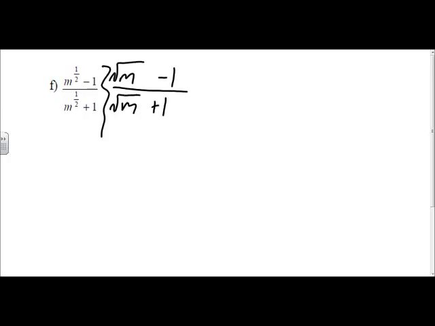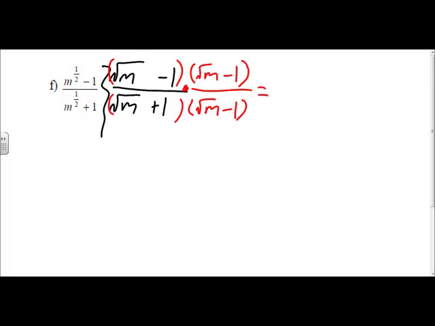So it's very similar to the one we worked with. Whereas before we had a plus 1 on top and a minus 1 on bottom, now they're switched. But we know exactly what to do in these cases. We multiply by the conjugate still. So in this case, we would be multiplying by root m minus 1 and root m minus 1.